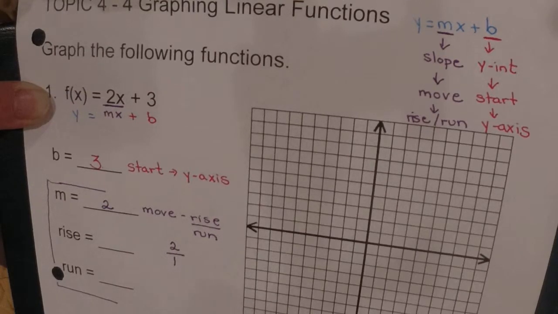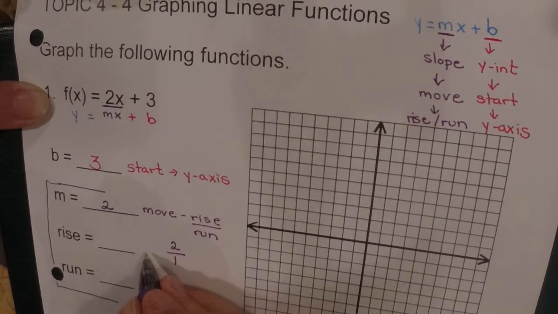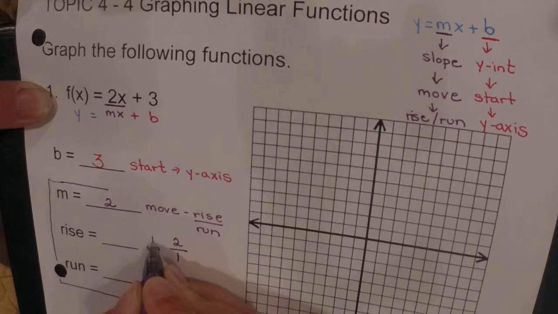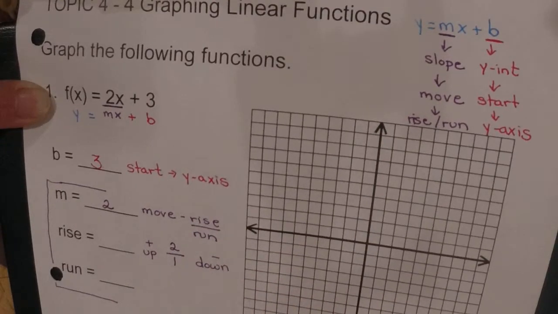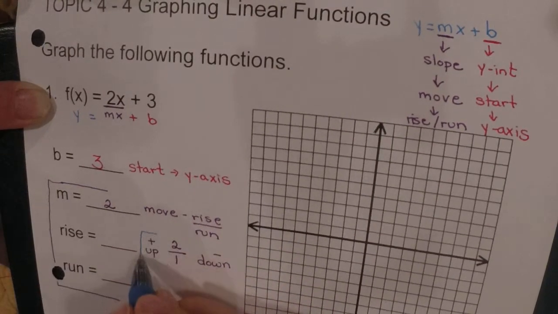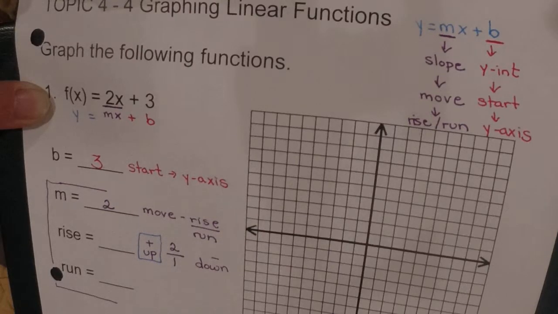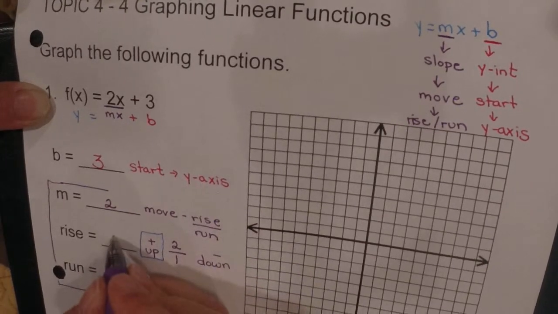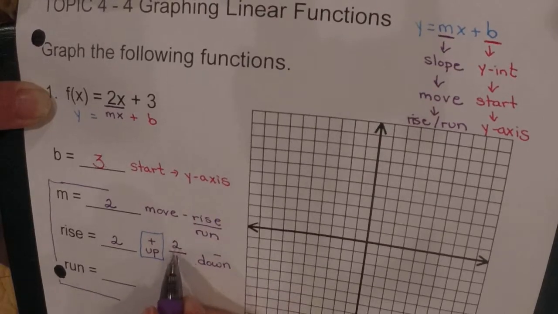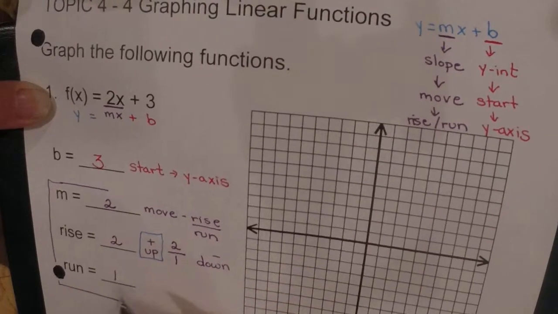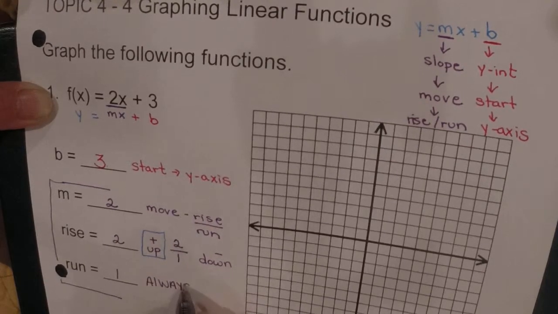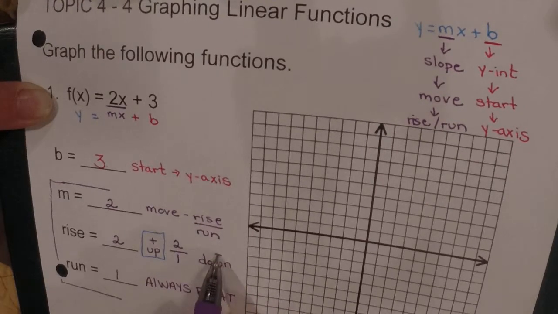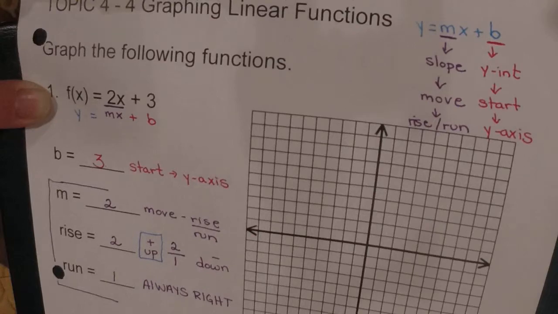So our rise, this part, is going to tell us that we're going up if it's positive, or down if it's negative. In this case, it's positive, so we're going to go up. So this is 2. And then the bottom part of our fraction is a 1, and this will always be to the right. The reason for that is because if there's a negative, we're always going to put that up here.